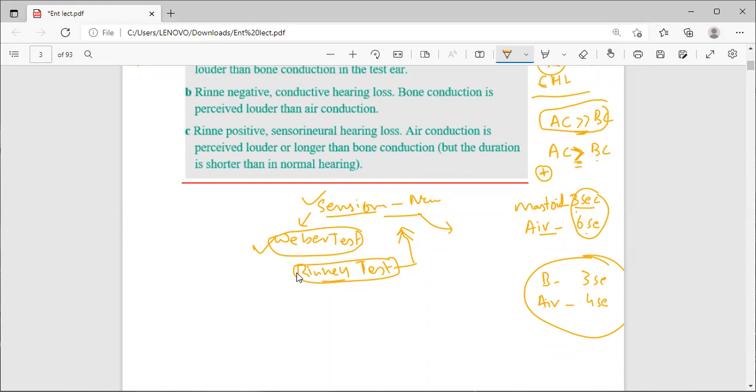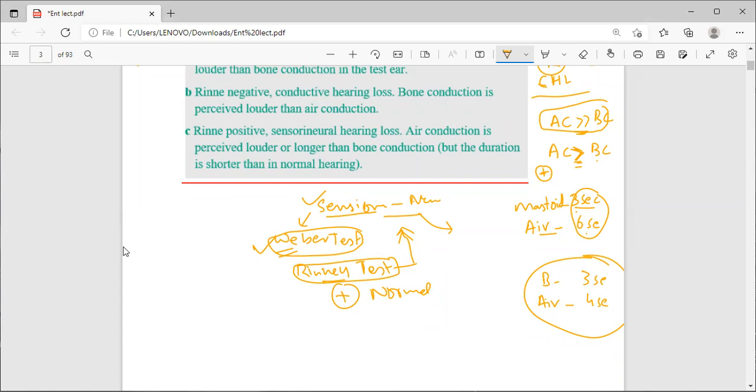Then you will answer that the Rinne test will be positive, which is normal. So in sensory neural hearing loss, the patient's Rinne test will be positive, or normal. It won't be negative or abnormal. That's why we do the Weber test to differentiate it. Otherwise you won't be able to differentiate whether it is sensory neural or conductive.